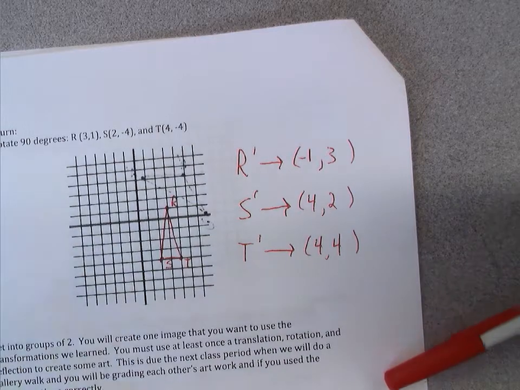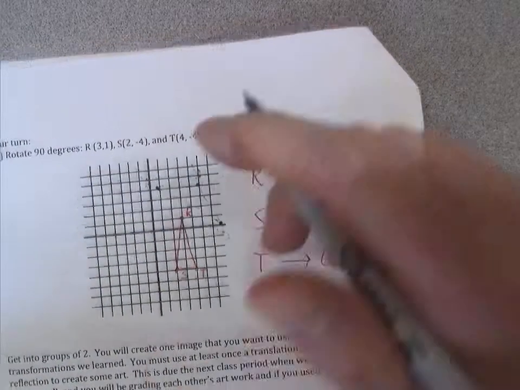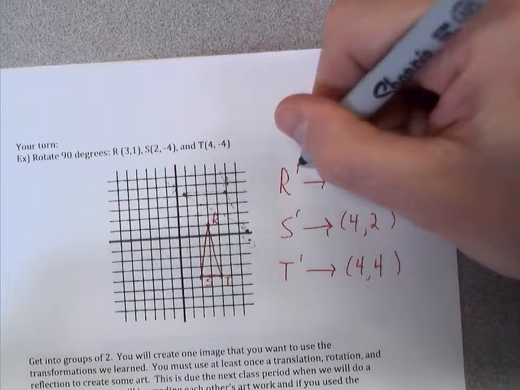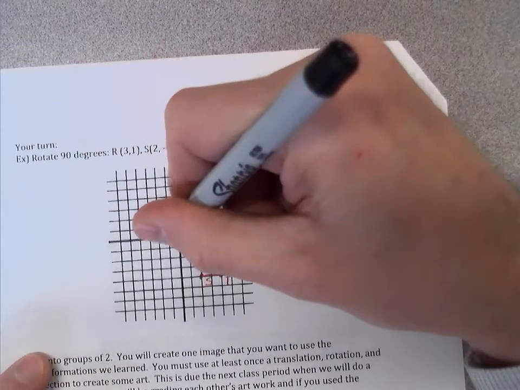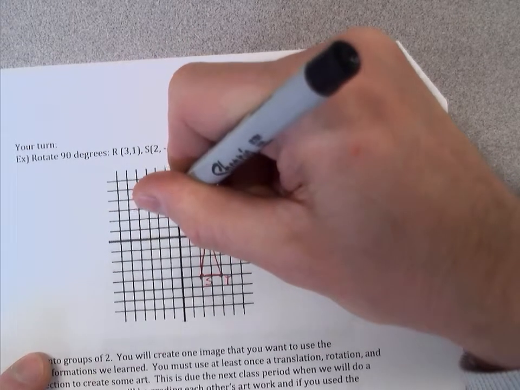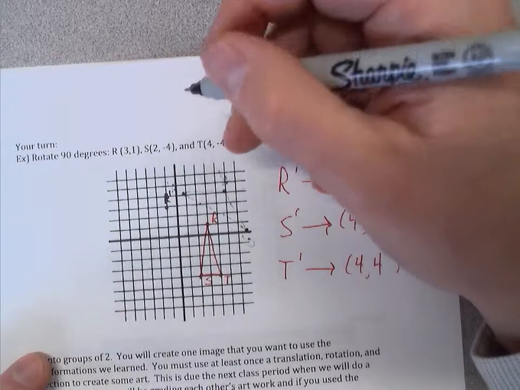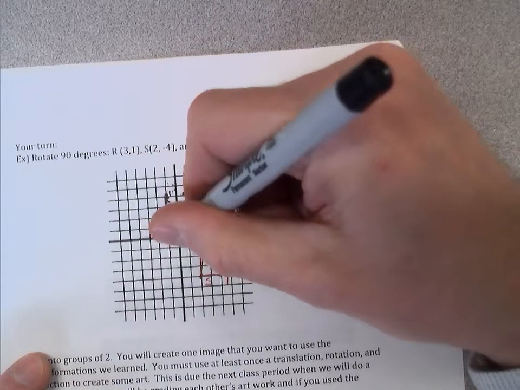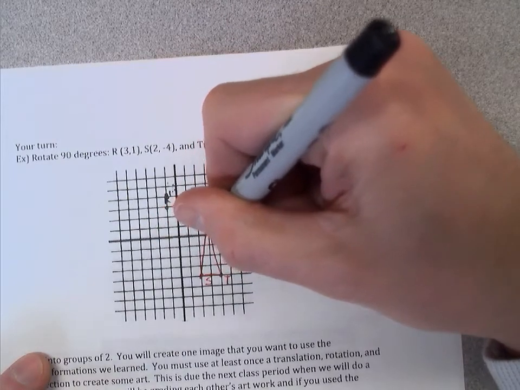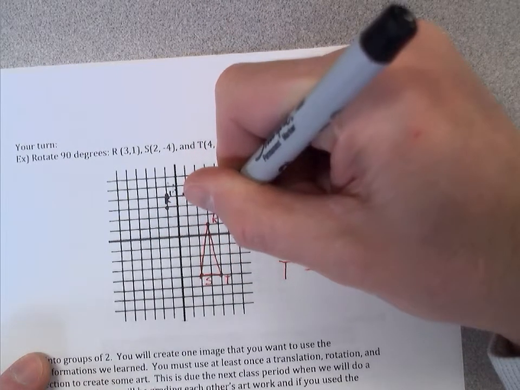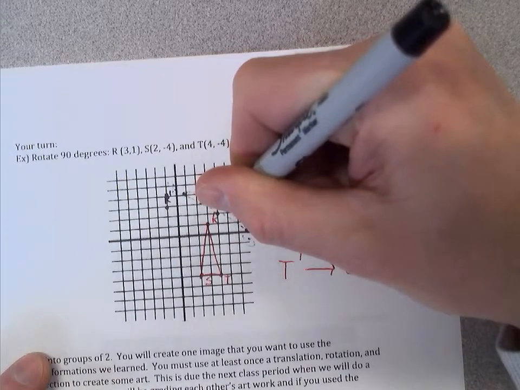And now we can go in and plot those. Use a different color here. So the new R is going to be -1, 3. 1, 1, 2, 3. So there's our new R value. S' is going to be 4, 2. So we go 1, 2, 3, 4. 1, 2.